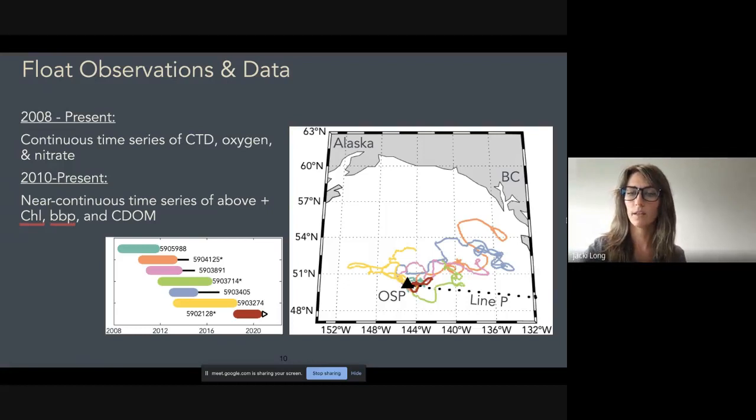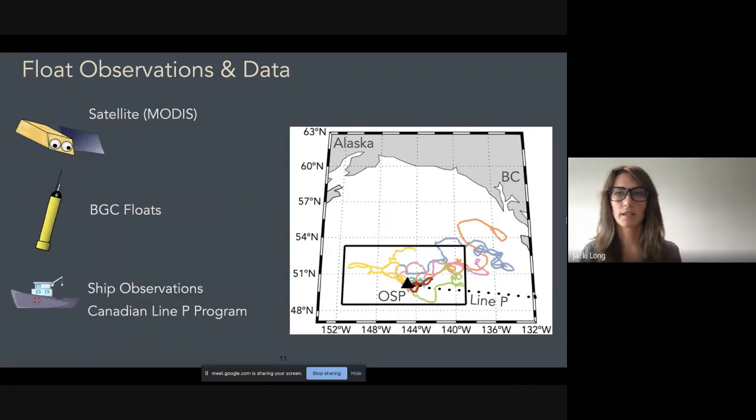And then also all of this data, which includes 8-day average satellite MODIS data, biogeochemical float data, and the Line P data, has been restricted to this black box region so that we can focus in on this Ocean Station Papa, OSP, area.